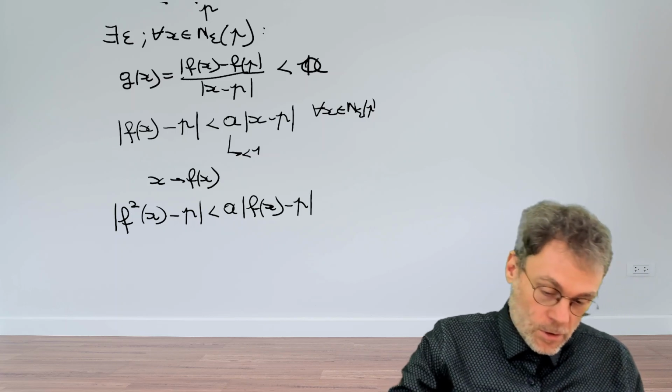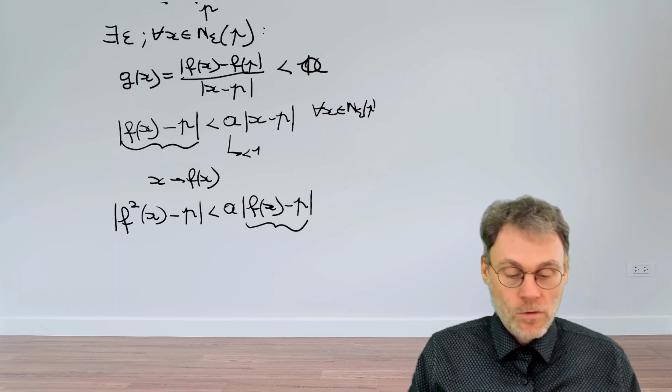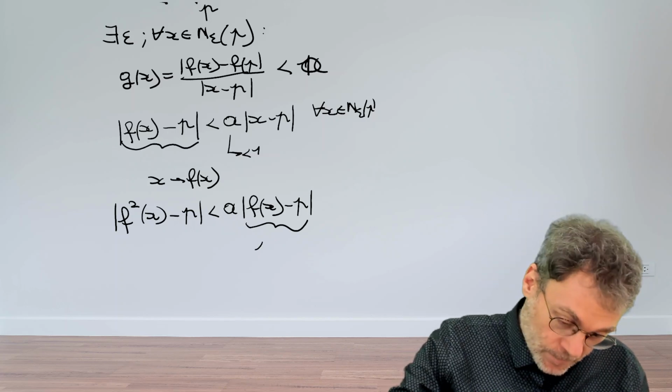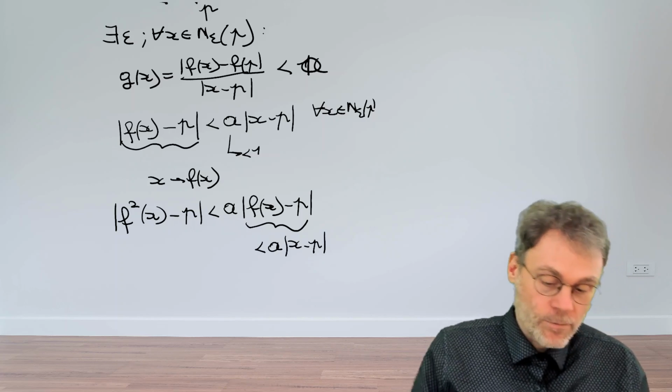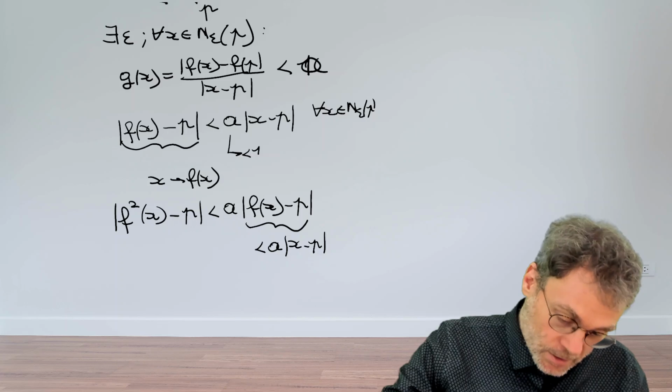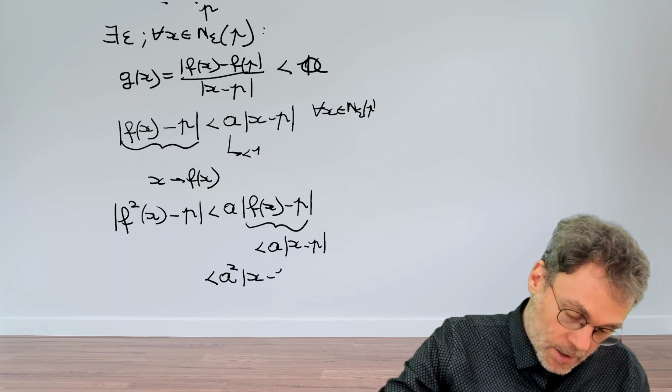Now, let's take a look at this thing over here. Well, we know if we look back at that equation over here, that that quantity by itself will also be smaller than a times |x - p|. So if we combine all of that, the whole thing will be smaller than a² |x - p|.